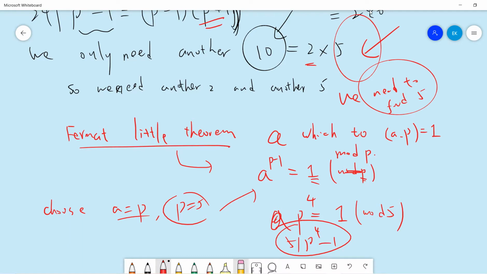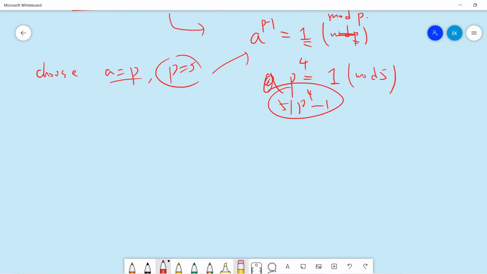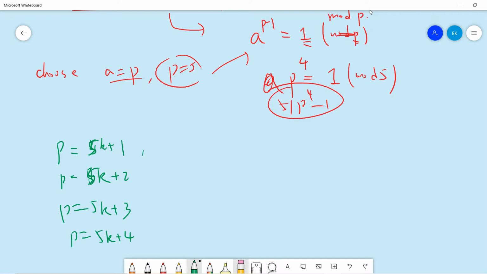But in this case, let's instead check it directly, since this is also an easy example that one can check. I can consider P as 5k plus 1, 5k plus 2, 5k plus 3, or 5k plus 4. What is the remainder of P to the 4 divided by 5? For 5k plus 1, it's 1.